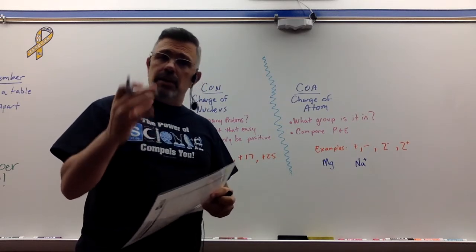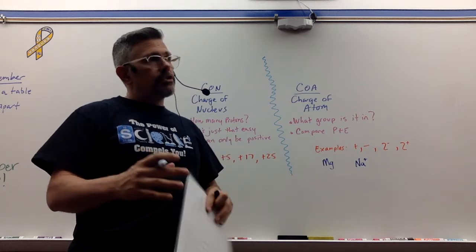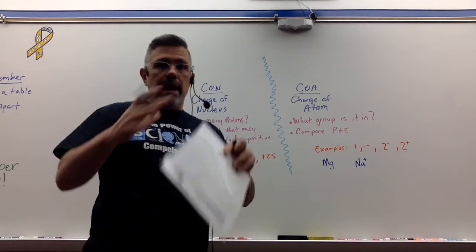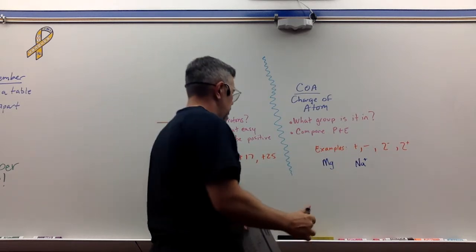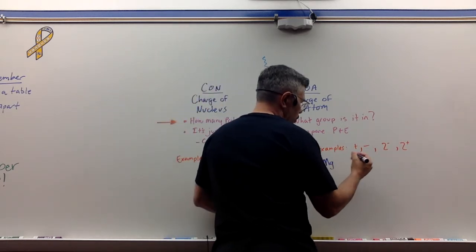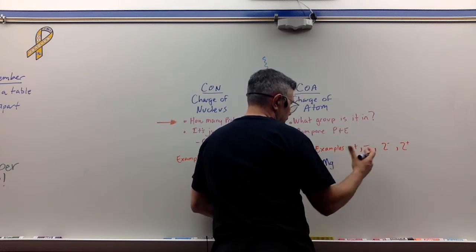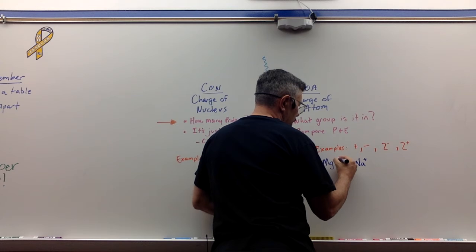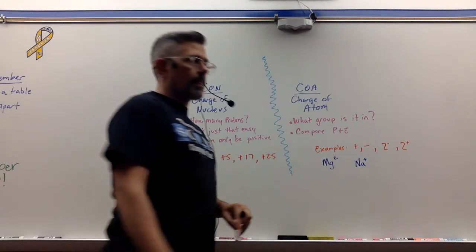If it reacts and loses those 2 electrons in its outer shell, so it will have a stable outer orbital, it would have 10 electrons now. So the protons would be 12 positive, and then only 10 electrons, so its charge would be 2 plus.